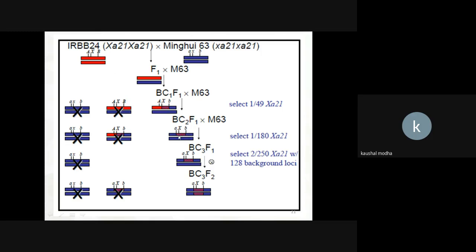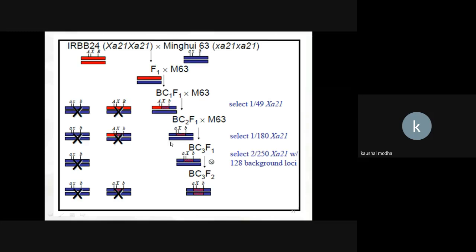And we need to remember that there is still heterozygosity for this target locus. But now the two flanking marker loci are homozygous for small a, small b, exactly similar to the recurrent parent, plus our target.